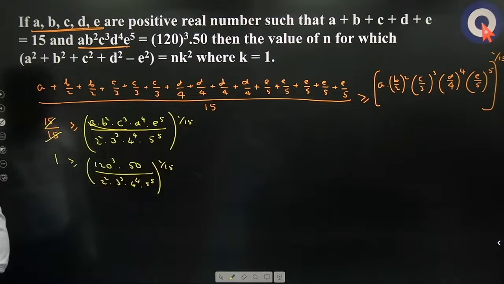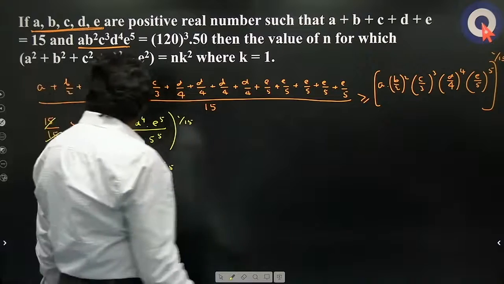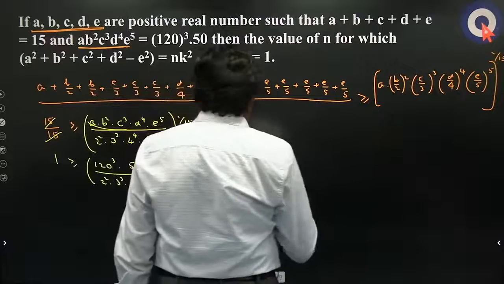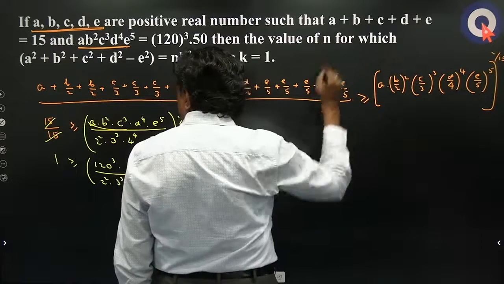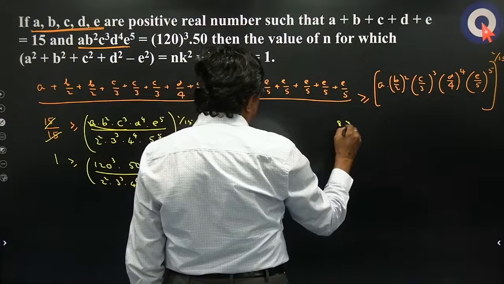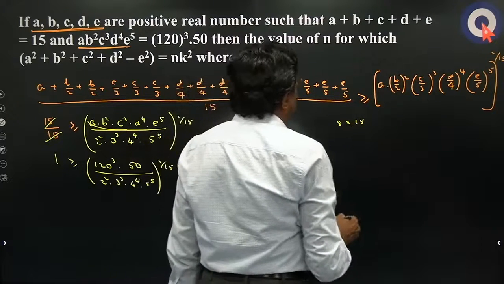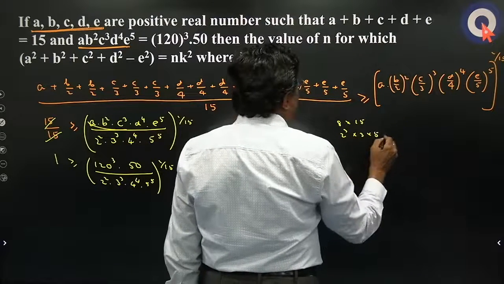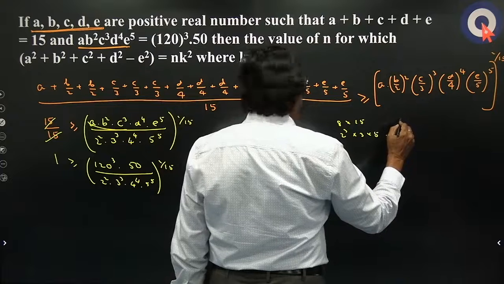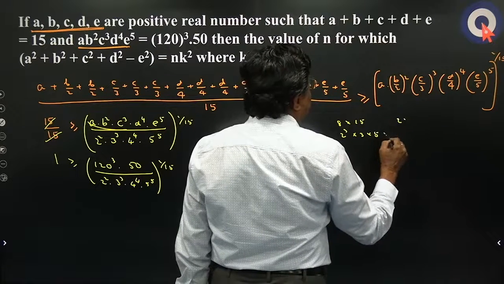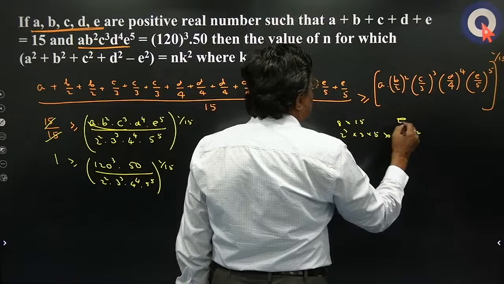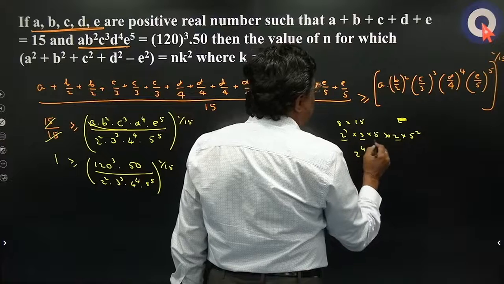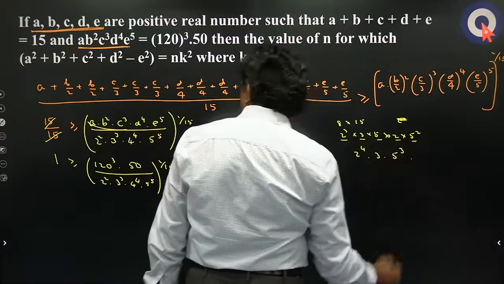As we have prime factorization as the denominator, we shall go ahead and do prime factorization for the numerator as well. So 120 is what? 8 into 15. So this is 2 cube into 3 into 5. And 50 is 2 into 5 square.